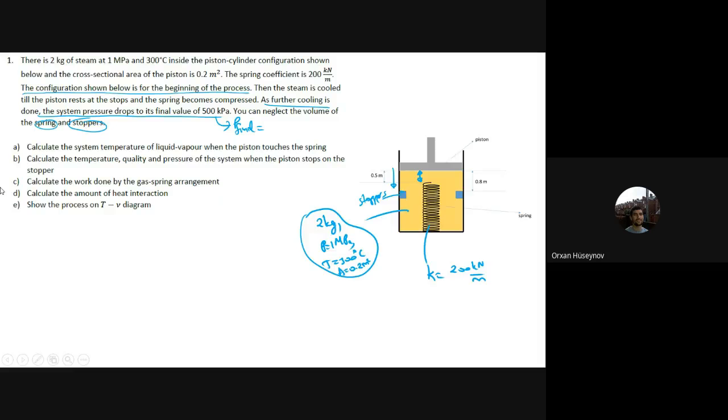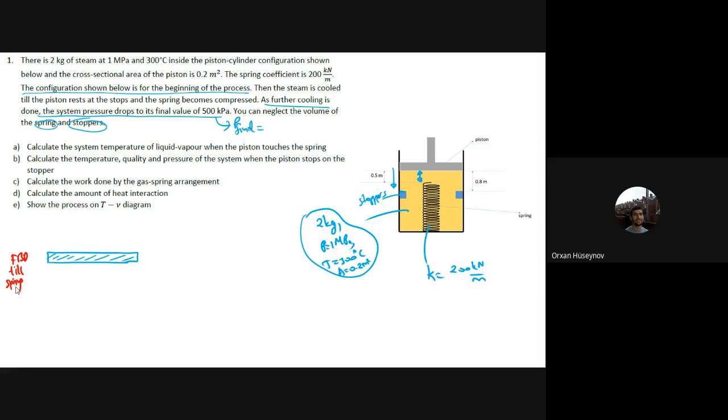So firstly, I will write the energy balance, so the free body diagram on the piston. So this is our piston. And this FBD is only till the spring.